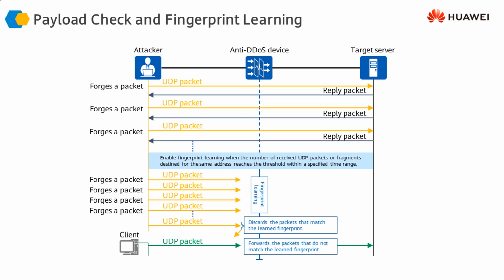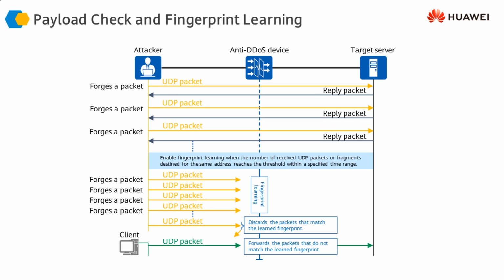Similarly, if we enable fingerprint learning, this means that certain specific patterns are going to be repeated within the packet, and the attack traffic is going to have certain specific characters or a certain specific repetition of characters.